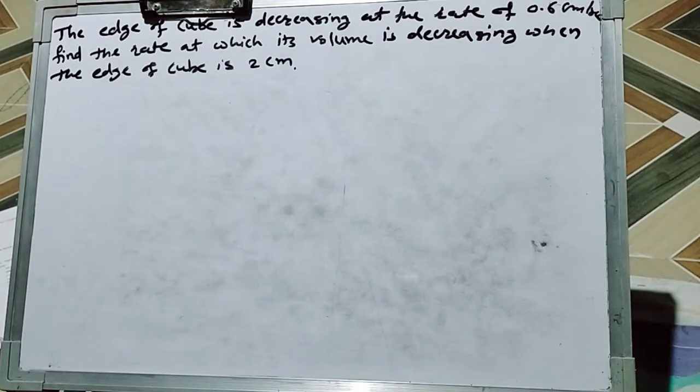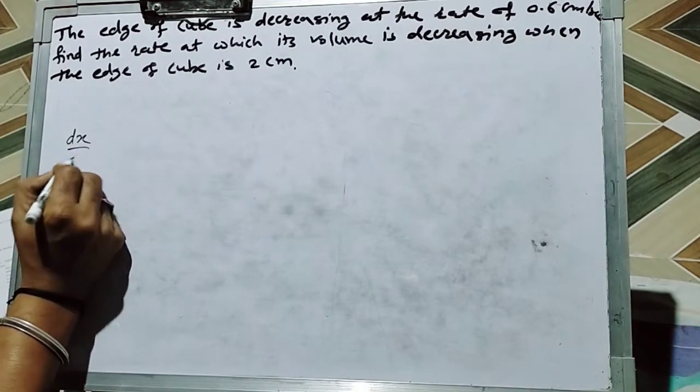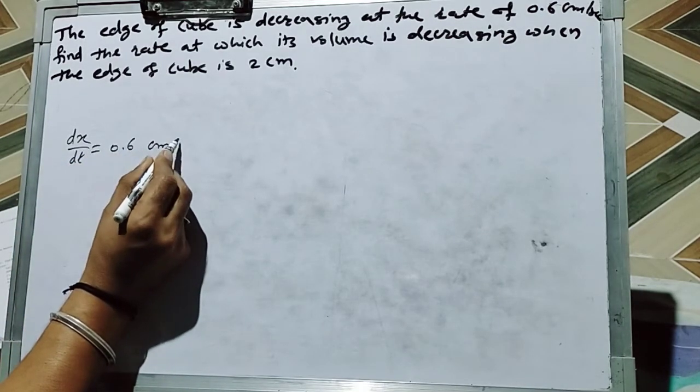Now next example. The edges of a cube are increasing at the rate of 0.6 centimeter per second. It means if x is the edge, then dx by dt is equal to 0.6 centimeter per second.